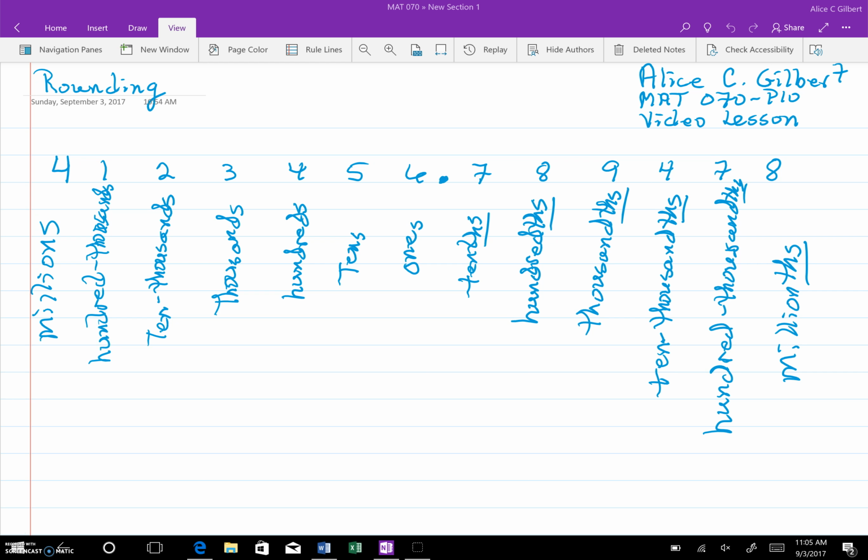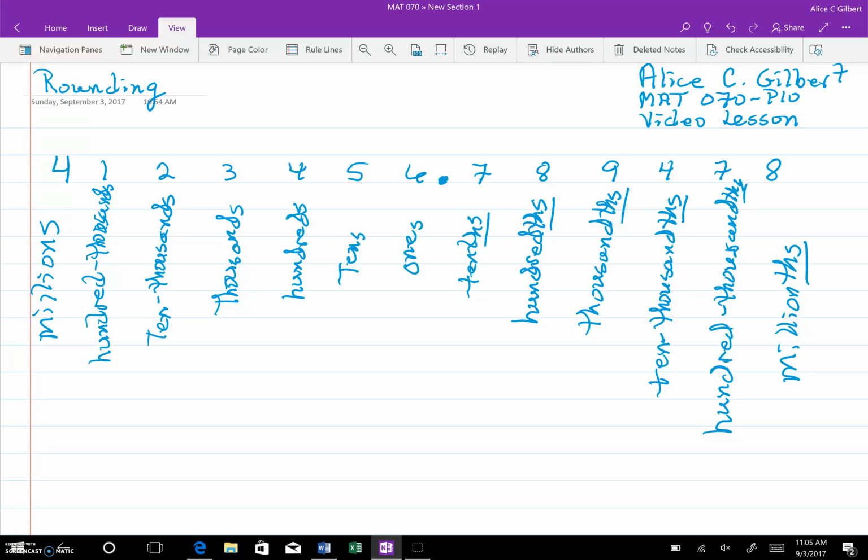So one of the first things we need to be sure we understand are the names of all the place values. So I've got my decimal point right here. And so I've got 1, 2, 3, 4, 5, 6 decimal places on the right, and 1, 2, 3, 4, 5, 6, 7 decimal places on the left.